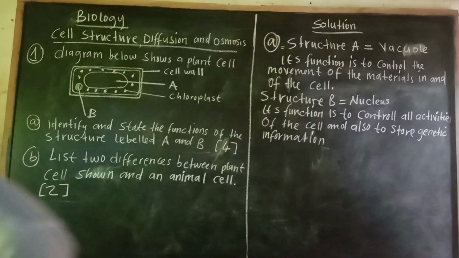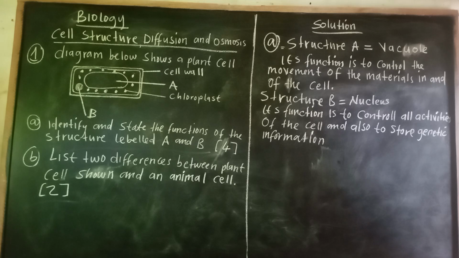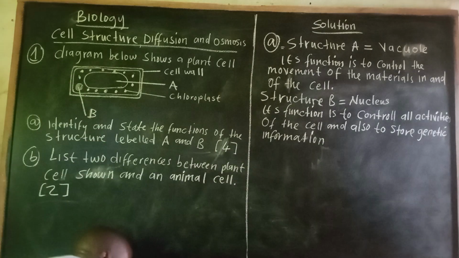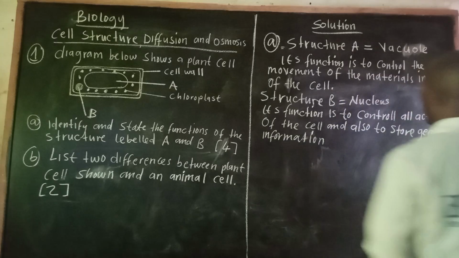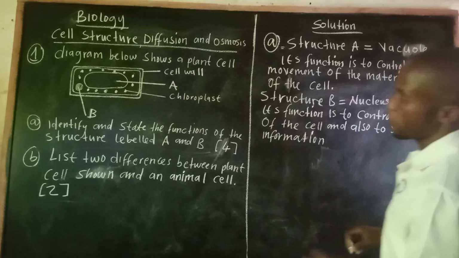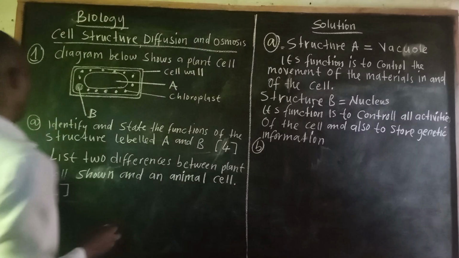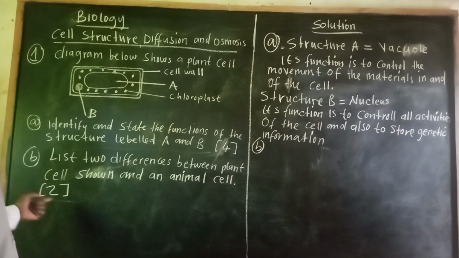Now we go to the last part of the question, which is B. List 2 differences between the plant cell shown and an animal cell.